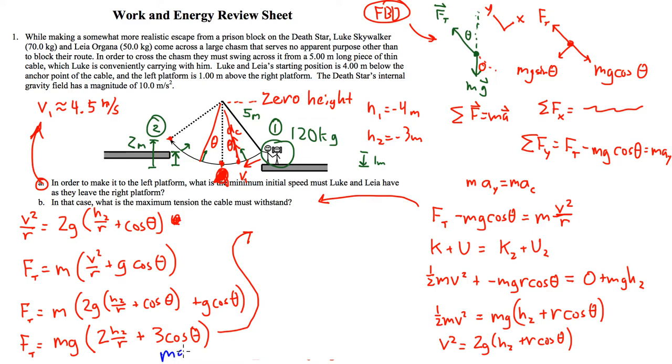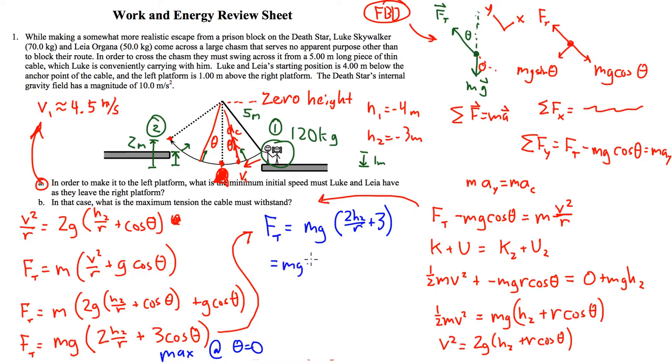So this is max at theta equals 0, and then Ft equals mg times 2h2 over r minus 3. No, plus 3.